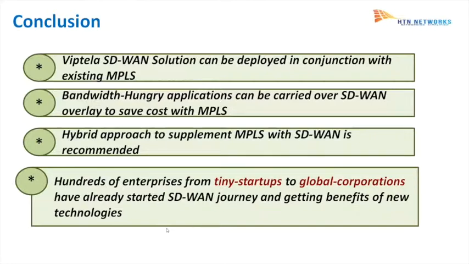So what we can do is carry all those bandwidth-hungry applications over the SD-WAN overlay to save cost with MPLS. Your other type of traffic, which is real-time traffic that needs a certain number of SLAs, and if it has any compliance issues, then you can traverse that data on your MPLS circuit.